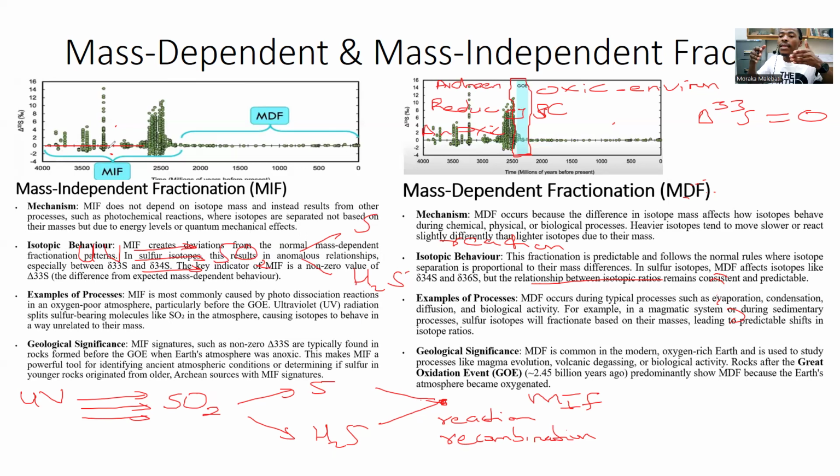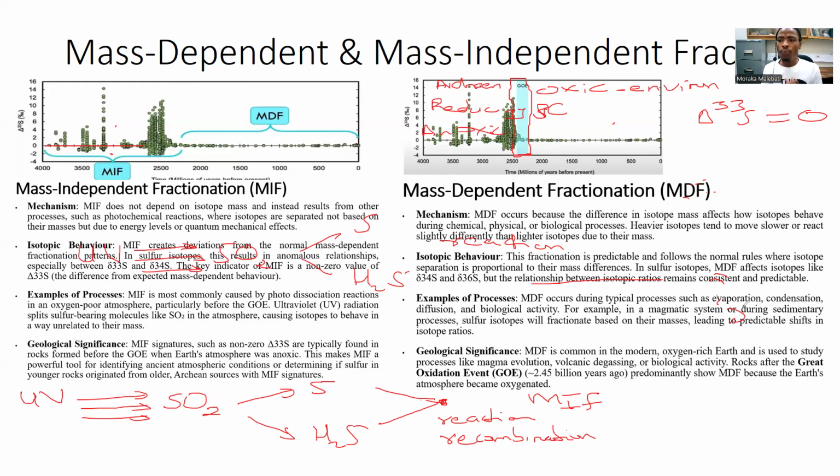Then assimilation happened, and it got these MIF signatures, which is why we'd also see the MIF in the Bushveld magma. That is what would be happening.